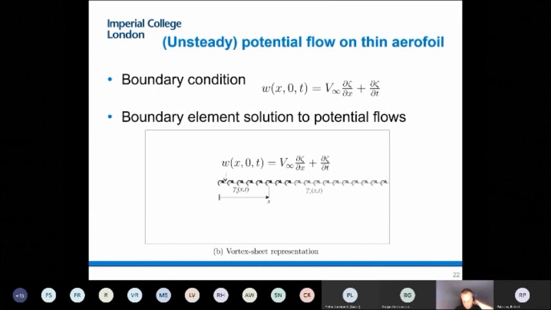So I will skip that process, but effectively, what you end up with in potential flows is that instead of having to solve everywhere in the domain, you only need to solve on the boundaries and define your elementary solutions for the potential flow equations there.